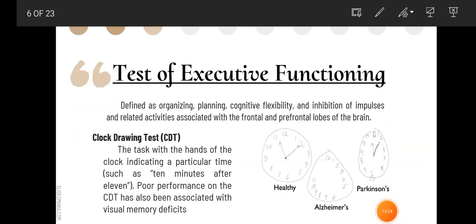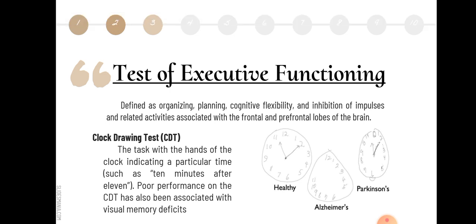Third test is the test of executive functioning. This is defined as organizing, planning, cognitive flexibility, and inhibition of impulses, and related activities associated with the frontal and prefrontal lobes of the brain. One example here is the clock drawing test.